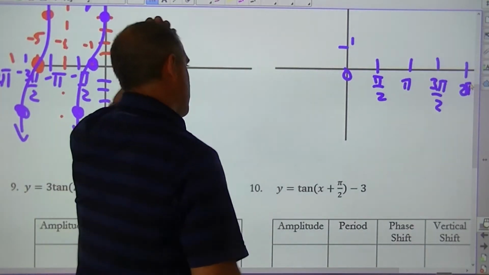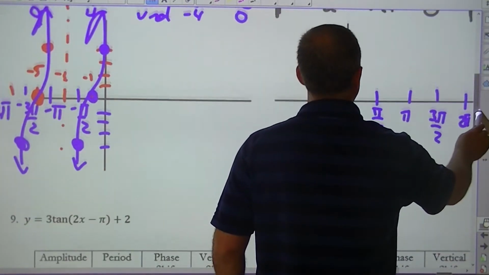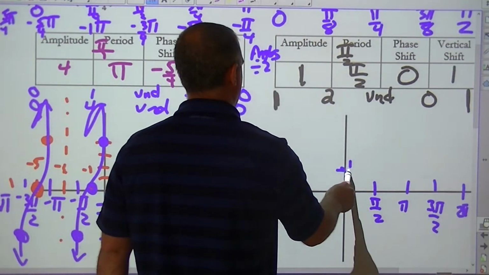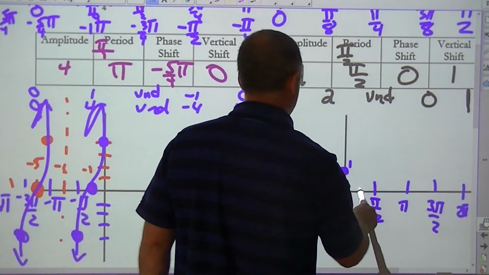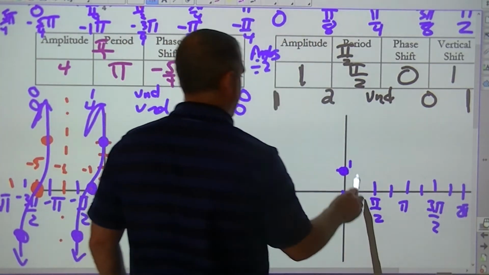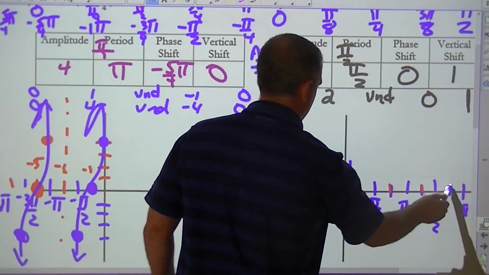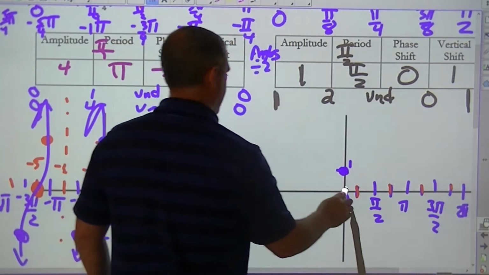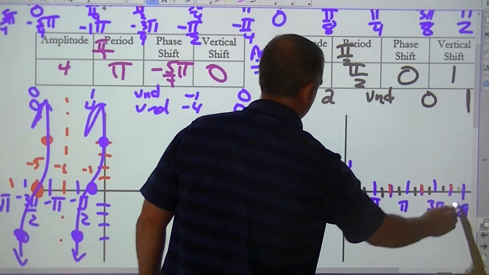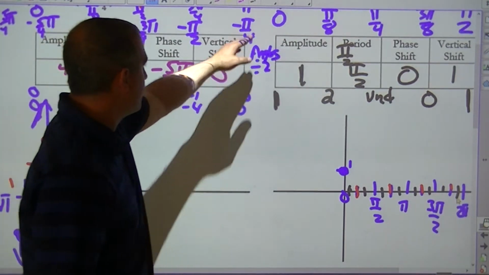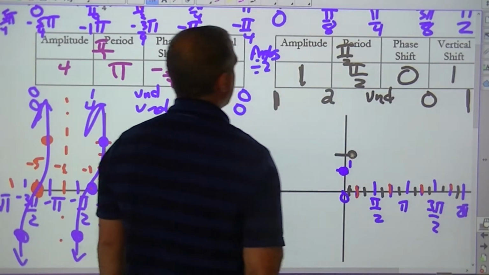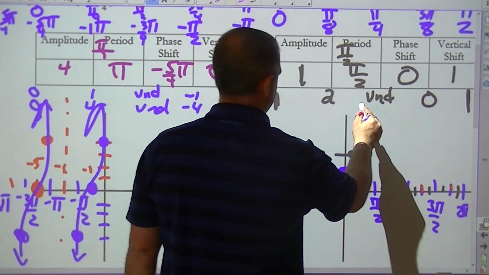Okay, so what's going to happen here is 0, I'm going to be at 1, pi over 8, so here's my quarters. I should probably do that in red. Okay, here's my eighths. So it's 0 and 1, at pi over 2 I'm going to be at 2, pi over 8 I'm going to be at 2, so I'll be here. Okay, pi over 4 will be undefined.